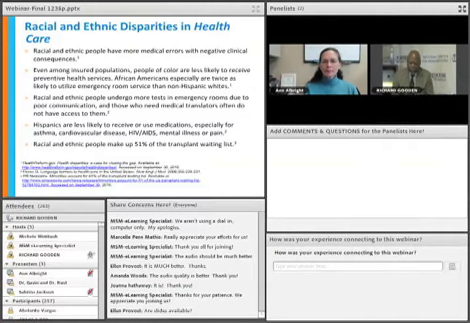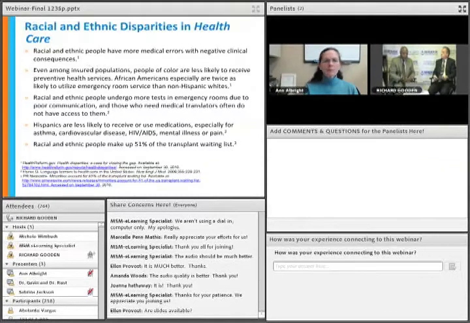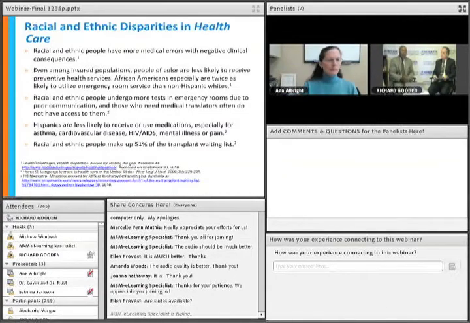For example, African Americans are twice as likely to utilize emergency room services than non-Hispanic whites. And when we look at disparities in health and health care, we're looking at differences in the use of medications for things like asthma, cardiovascular disease, and mental health illnesses, and that 51% of the transplant waiting list are people from disproportionately affected racial and ethnic groups.